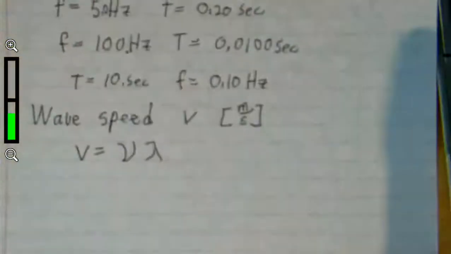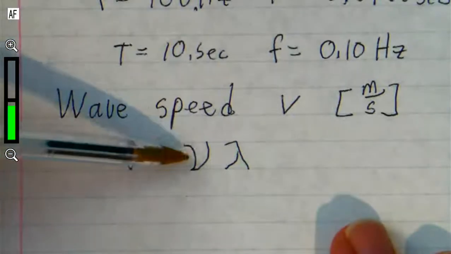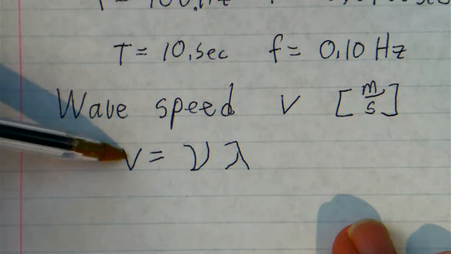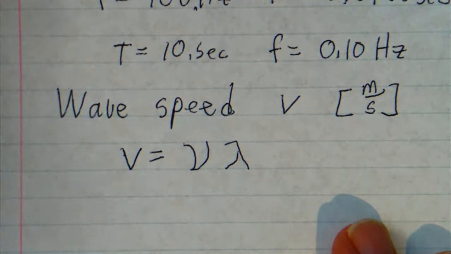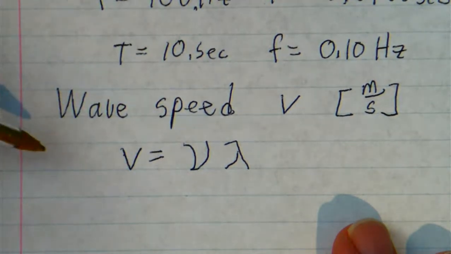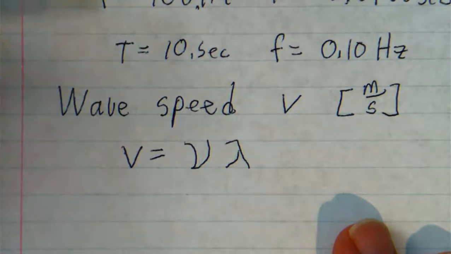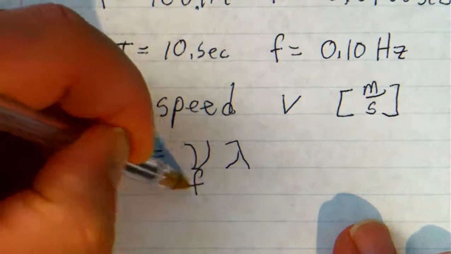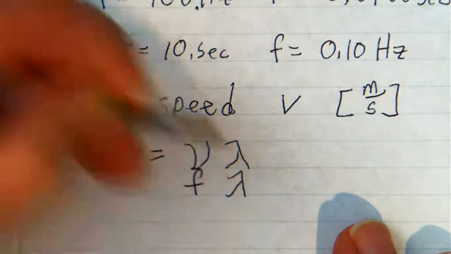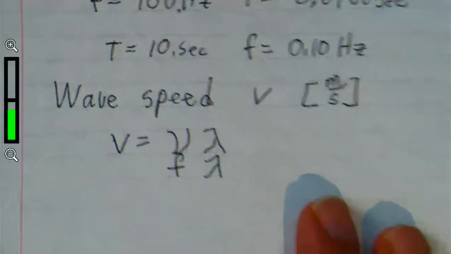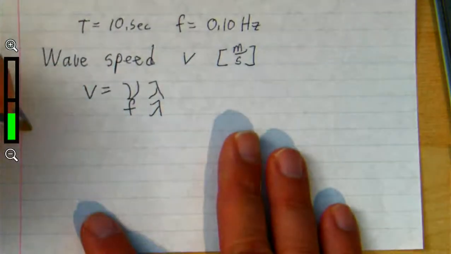And you need to be really careful because I might give you a reference sheet that lists nu on it and V on it. And the font is so small, it's hard to tell which one is which. Okay, so if I were really kind to you, I would do this as lowercase letter f times frequency. Okay, so let's do a couple of examples.